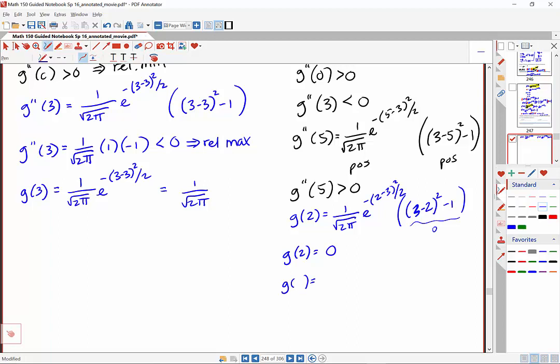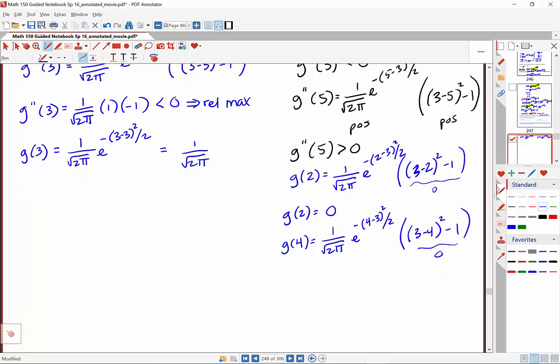G at 4 is going to be 1 over root 2 pi e to the negative (4 minus 3) quantity squared over 2 times (3 minus 4) quantity squared, minus 1. So do you see that's going to 0 out again, which will make everything 0 out? So G at 4 is also 0.